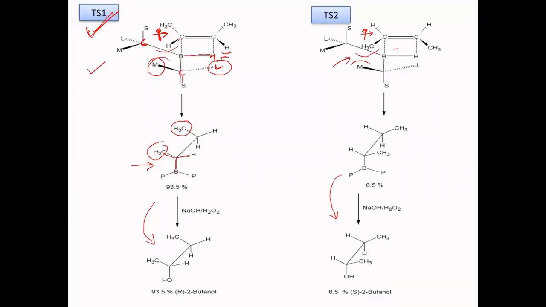And because of that reason, I'm getting this R isomer with the higher percentage. But now you can see over here, this methyl medium size group and large size group, both are coming in interaction with the methyl group. So this particular transition state, if you'll see, that is having the highest steric repulsion ever. इसलिए percentage कितना है? सिर्फ 6.5, और इसका सबसे ज्यादा है.